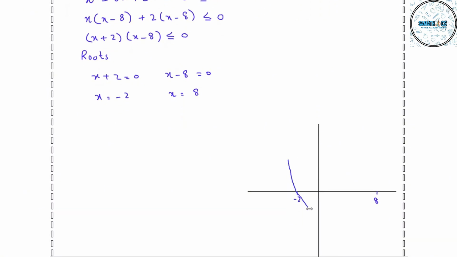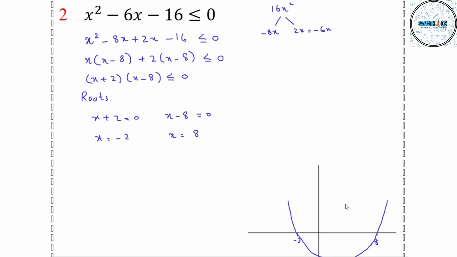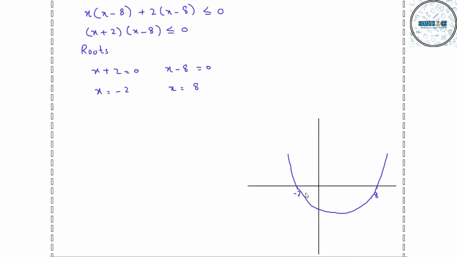So we can sketch a curve. Now, as the sign here is less than or equal to, we will consider the part of the curve which is below the x-axis.